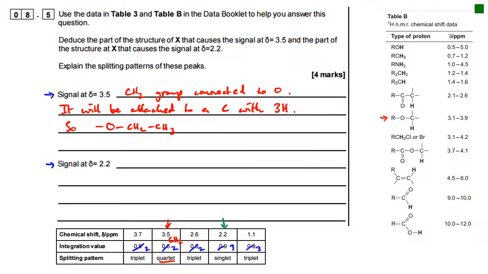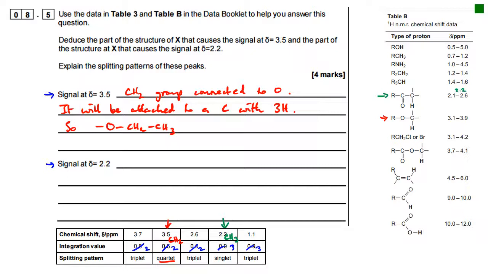So let's have a look at the signal at shift equals 2.2. So we've got 3 protons from the integral value. All right, so it's going to be a CH3 group, and we've got a singlet. All right, so that means there's going to be no neighboring protons. And this is the bit of the table that we're going to refer to at 2.2.